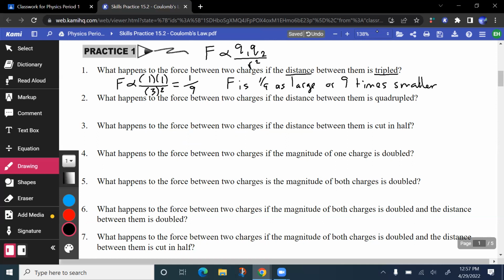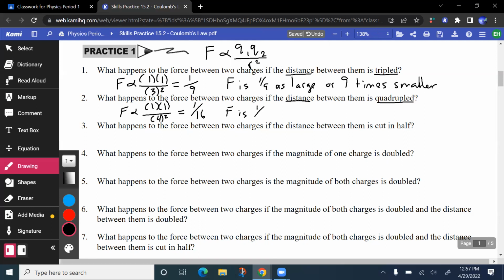Number 2, what happens to the force between charges if the distance is quadrupled? So again, the charges did not change. So I'm going to put a 1 in for both, but I'm going to put a 4 in for R this time because quadruple means 4 times larger. And you'll notice that I get a proportion, a force factor of 1/16. What does that mean?